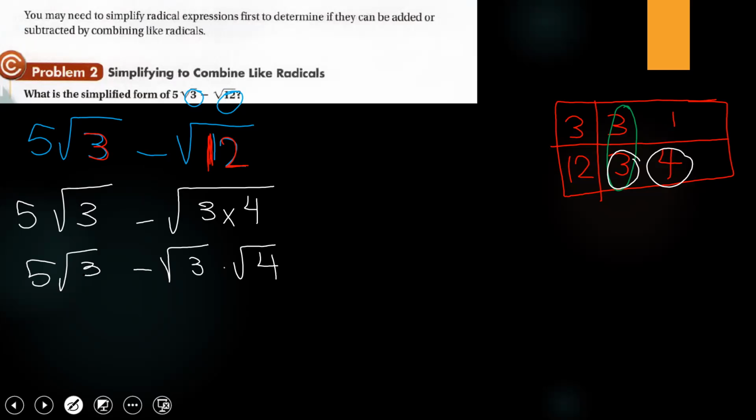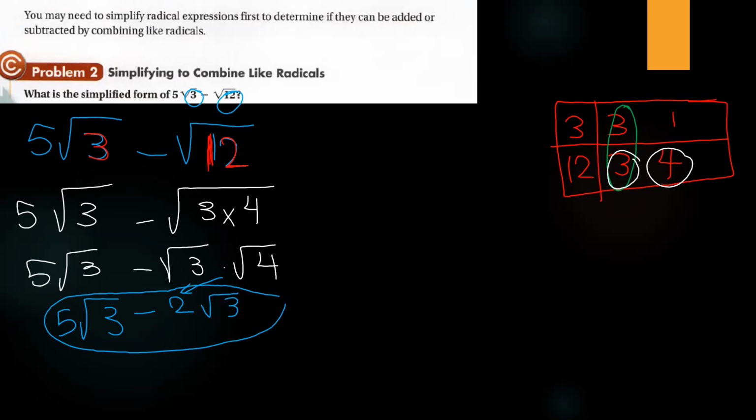Then let's look here. Where can I simplify? Can I simplify square root of 3? No. Square root of 4? Yes. So here I said it's 2 square root of 3. And at first, we have 5 square root of 3. Now look at the final answer after I simplified them.